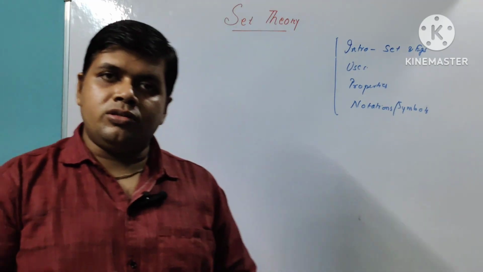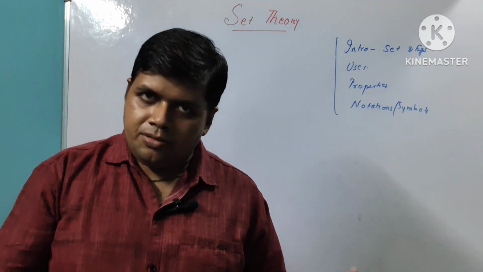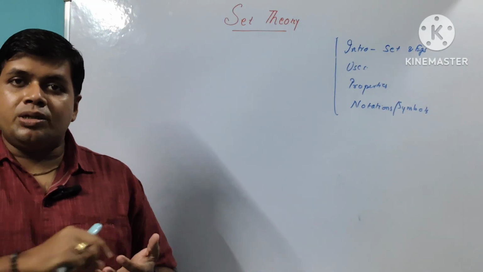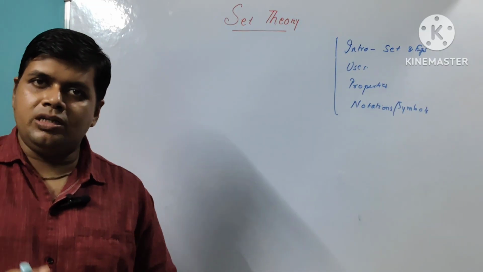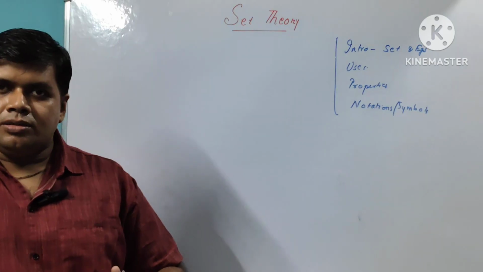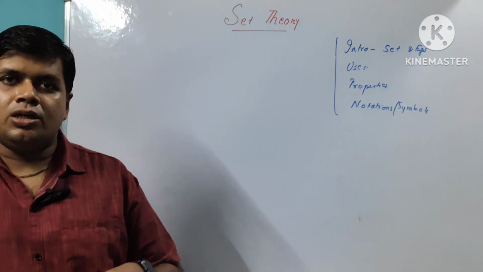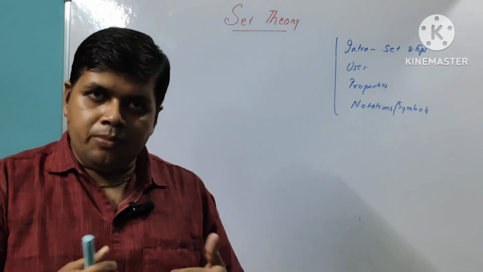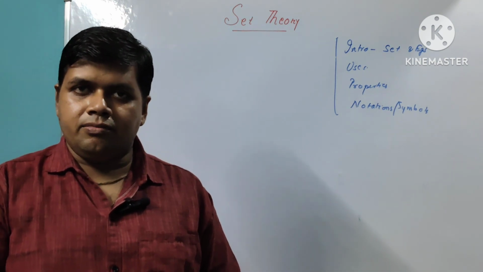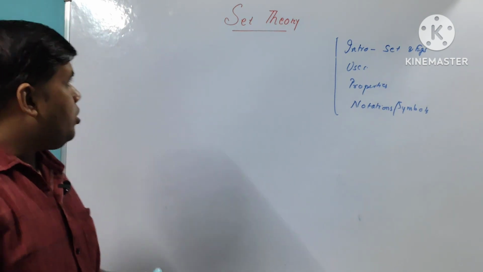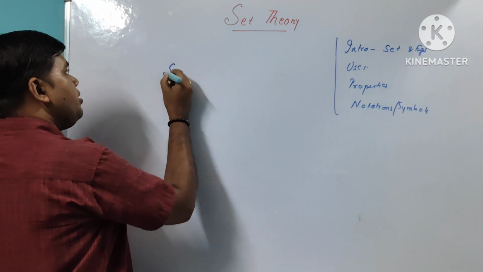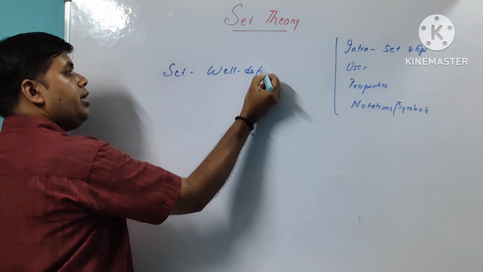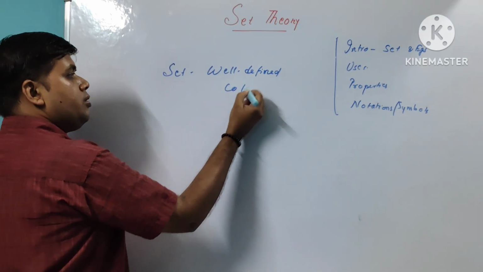We have been using the concept of set since our childhood days. For example, whenever we have written numbers, say even numbers, odd numbers, months of a year, days of a week, all these are sets. Formally, a set can be defined as a well-defined collection of objects.